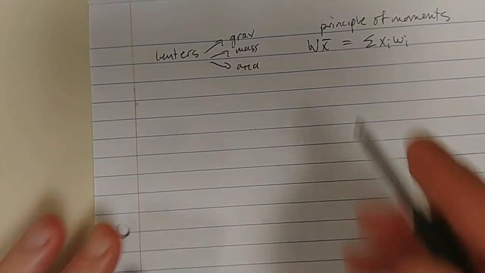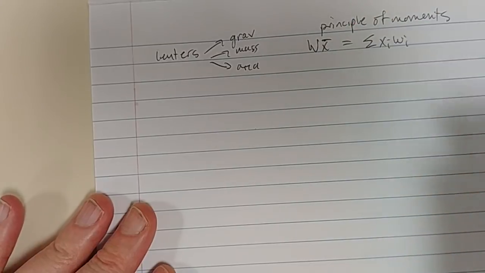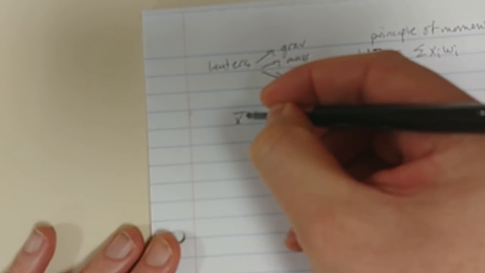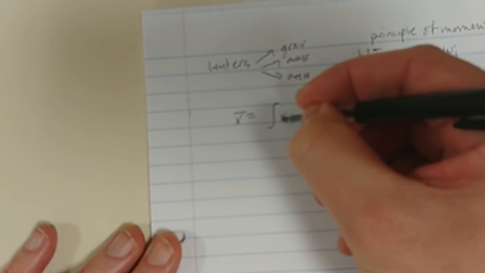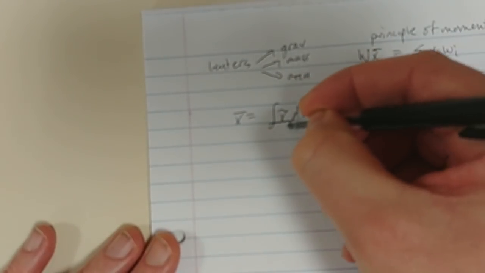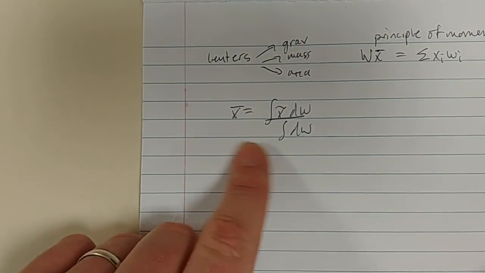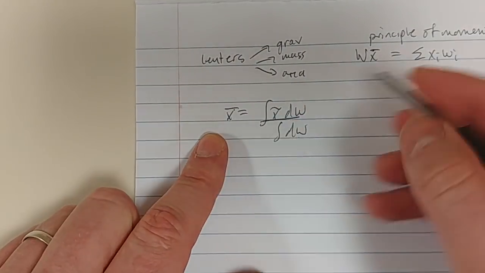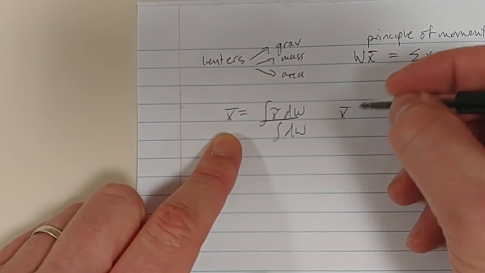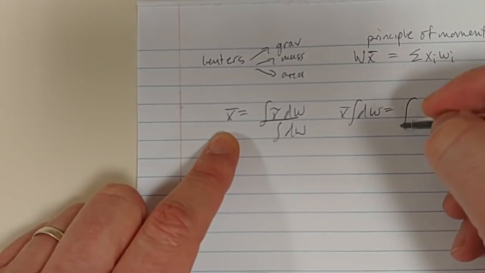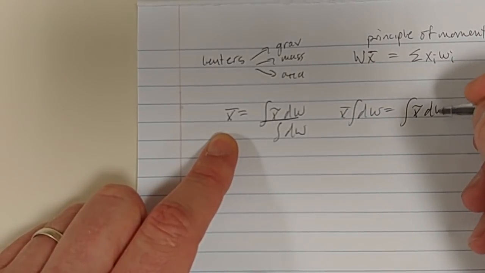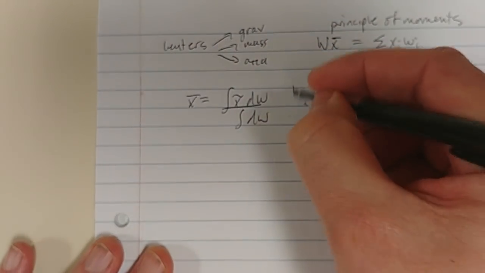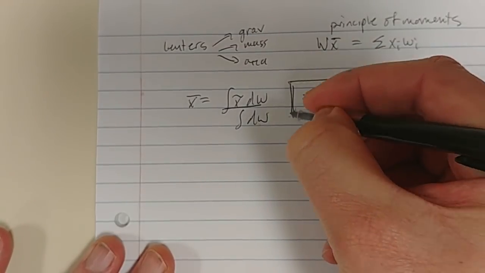Okay, so what we saw is that x bar is equal to the integral of x tilde dw over the integral of dw. That's just a moment equation. Where we got that from was x bar times w is the integral of x tilde dw.